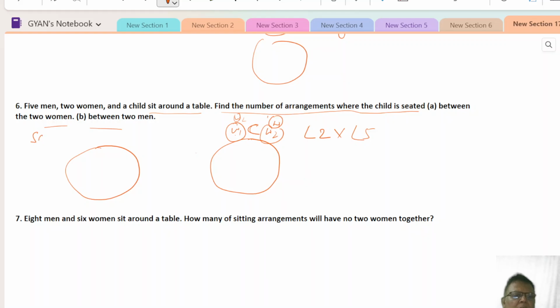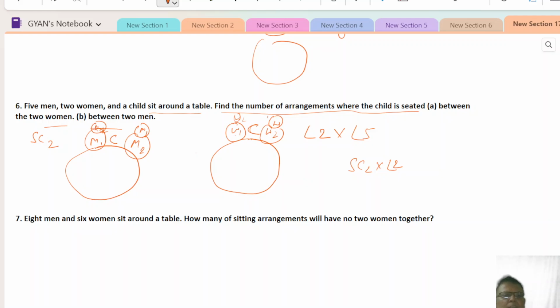So 2 men you can select in 5C2 ways, man 1 here and man 2 there, and the child will sit in between. So this will be 5C2 into factorial 2, because M2 can sit here and M1 here also. So 5C2 into factorial 2, and in between the child will sit.